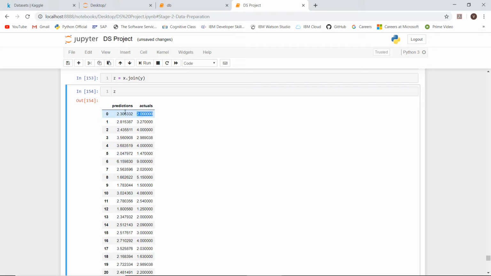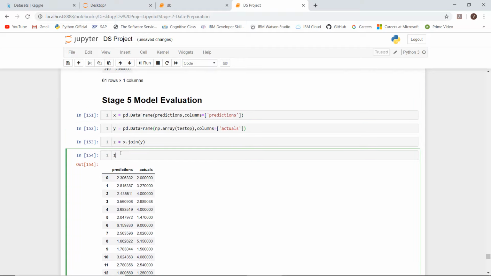So 2 is the actual value, predicted is 2.3. So the difference is some 0.3. Let me make the difference also.